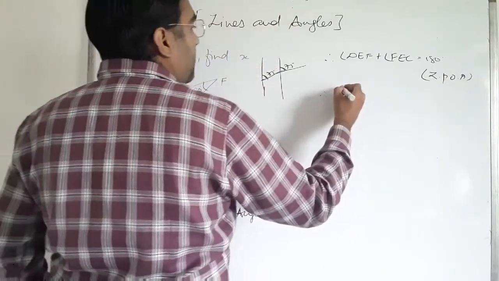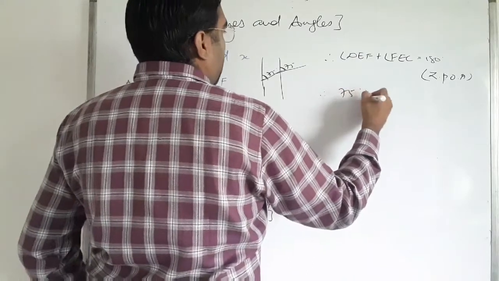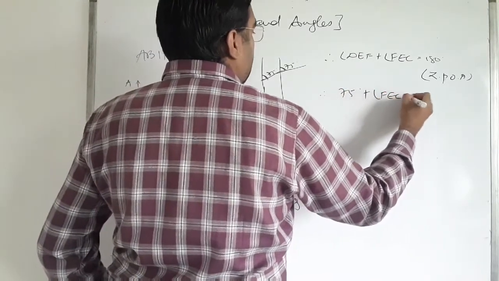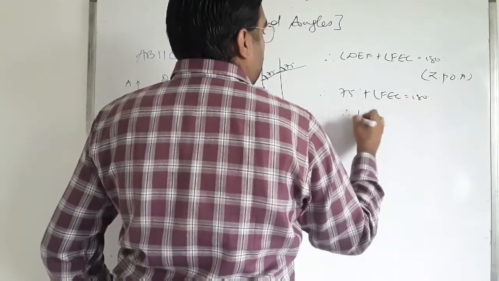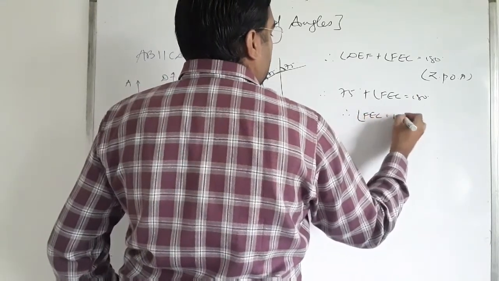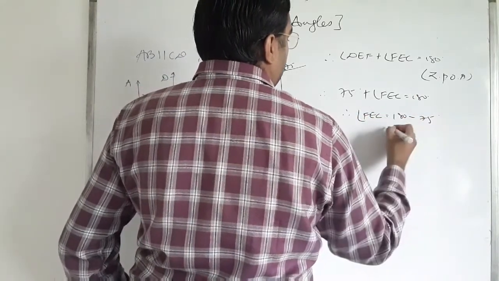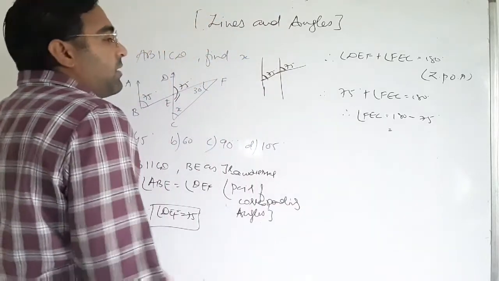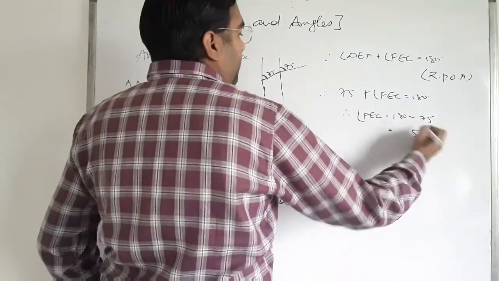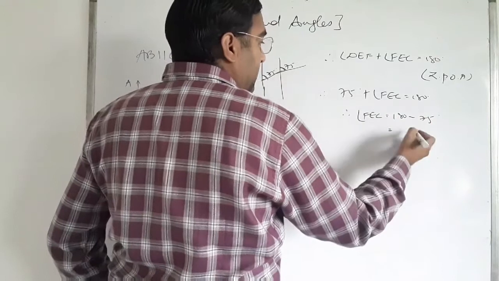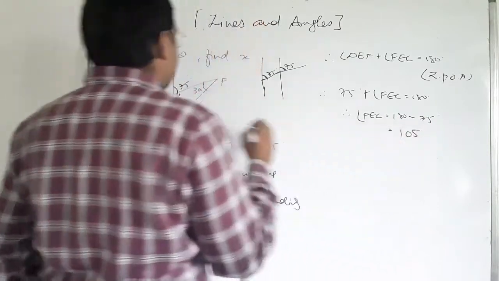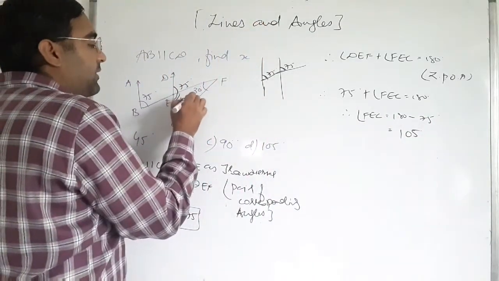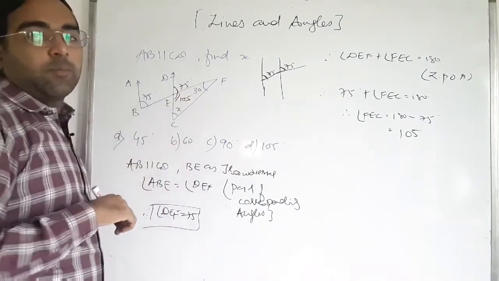DEF is 75, therefore angle FEC is equal to 180 minus 75, so your answer will be 105 degree. Here your angle is 105 degree.